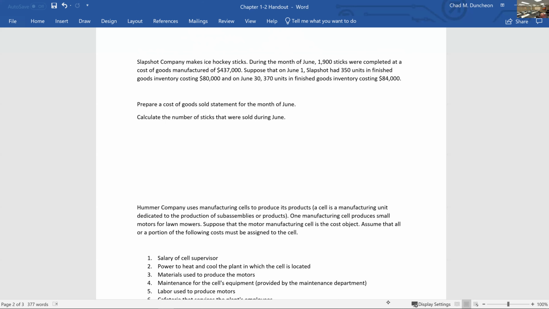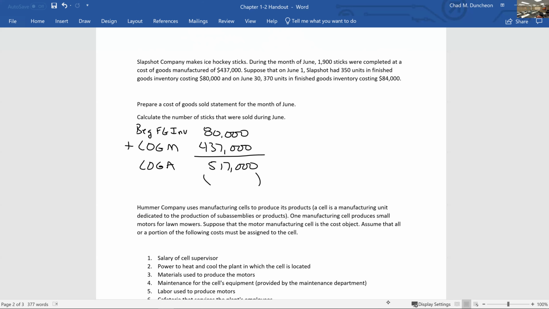To calculate cost of goods sold, we start with our beginning finished goods inventory. We're doing it in dollars. Remember, we have 80,000. To that, we add our cost of goods manufactured, which is what we just calculated, and it's also given to us here at 437. When you add those two together, that is your COGA, your cost of goods available for sale.